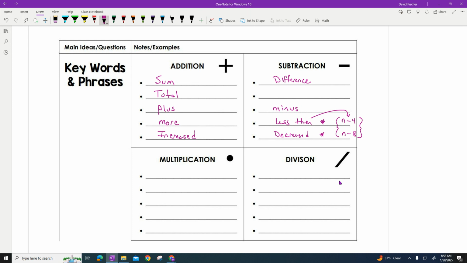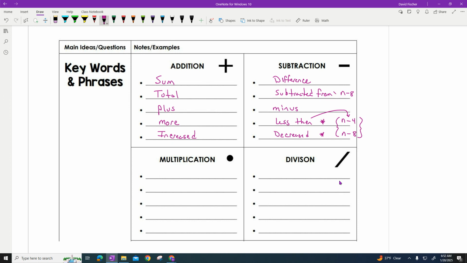We got minus, decreased by, let's just put subtracted from. I think this is the one I was thinking about. If I have 8 subtracted from some number, that means like this. Decreased by 8, that one's pretty straightforward.